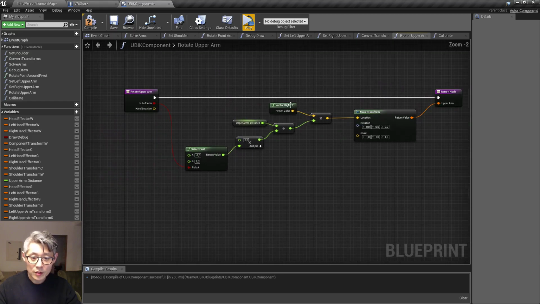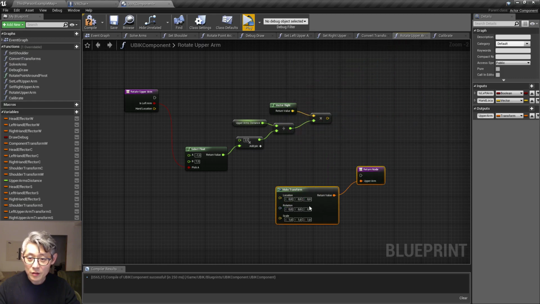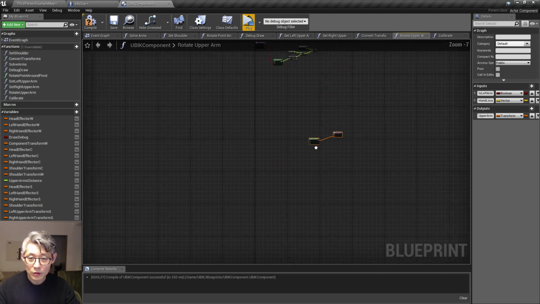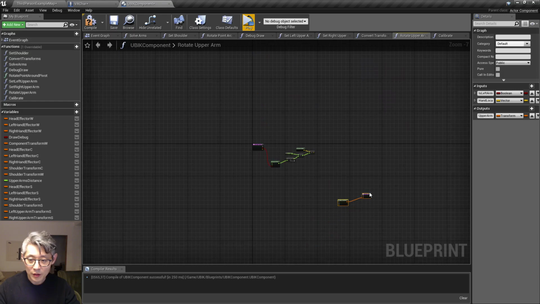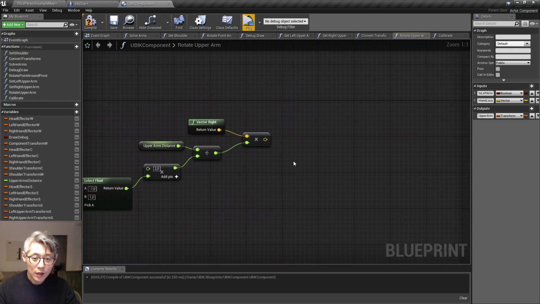Yeah, we are going to take this part here and disconnect it for now, because this part is going to go all the way down somewhere over here. Just going to park it for now.